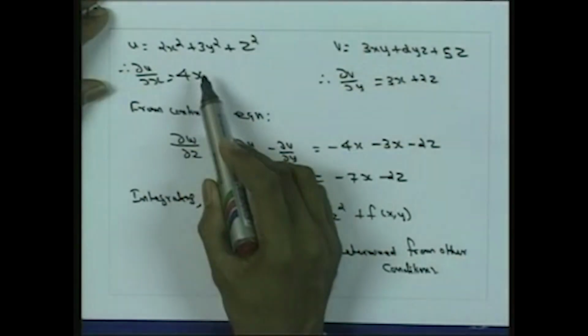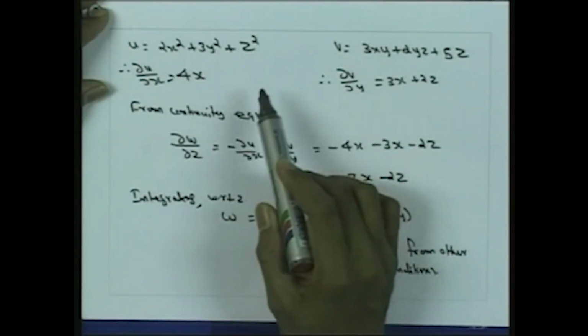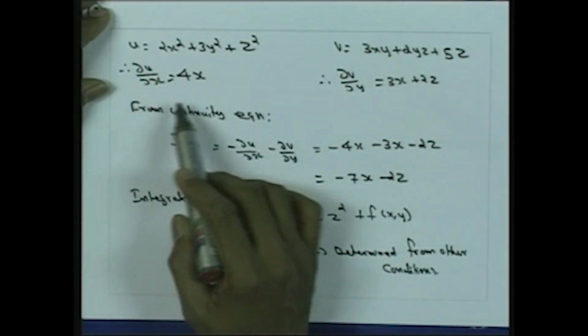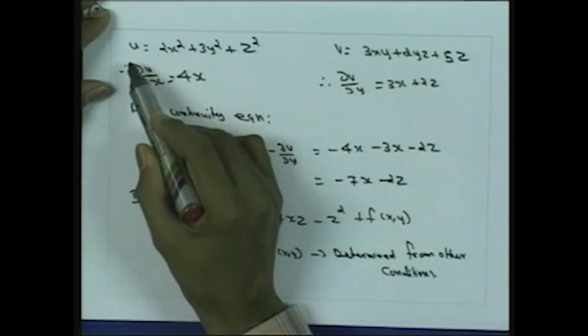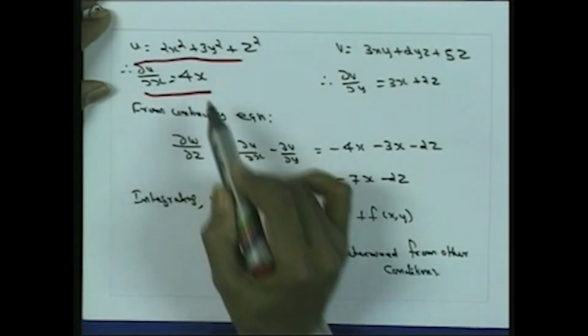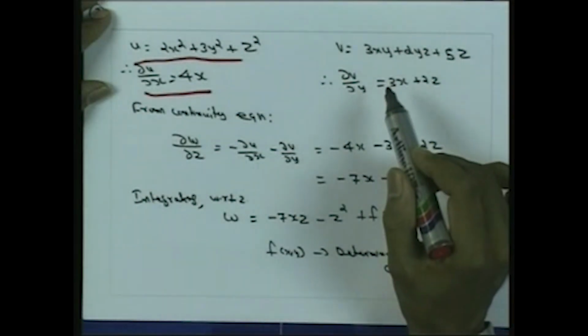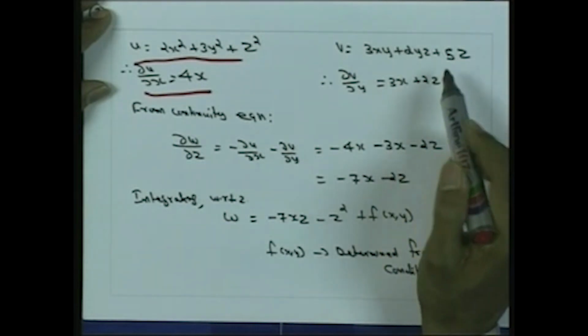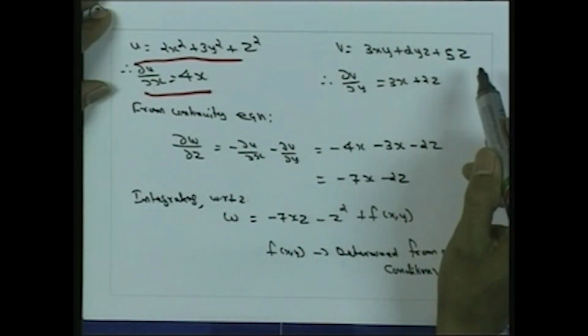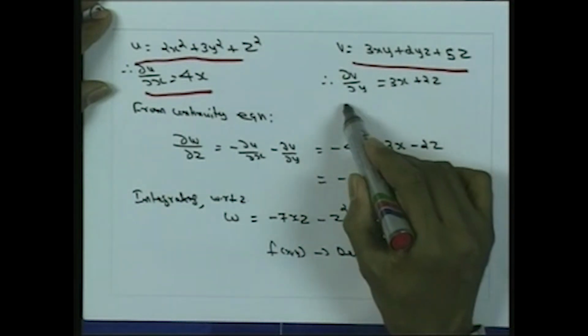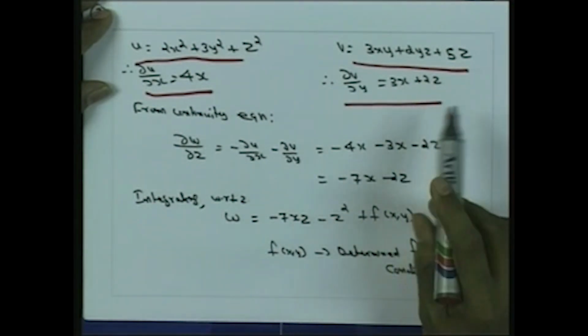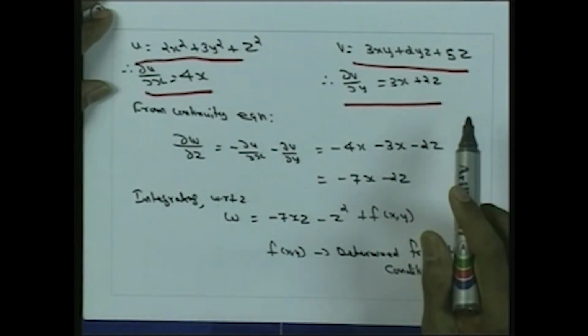Since u is given as 2x square plus 3y square plus z square, if you differentiate this function, we get del u by del x is equal to 4x. It is also given v is equal to 3xy plus 2yz plus 5z, so that we can write del v by del y is equal to 3x plus 2z.